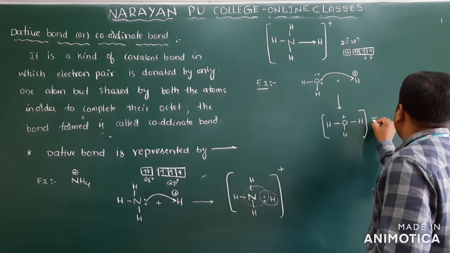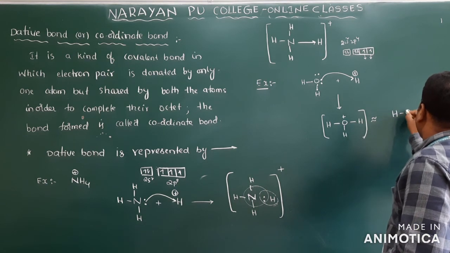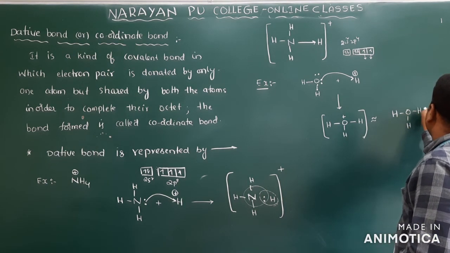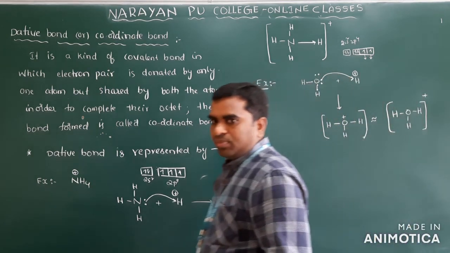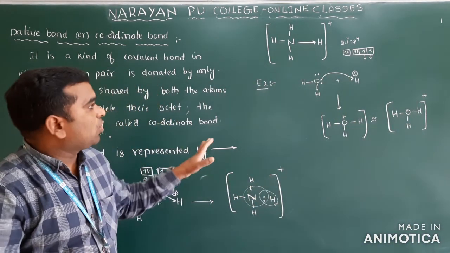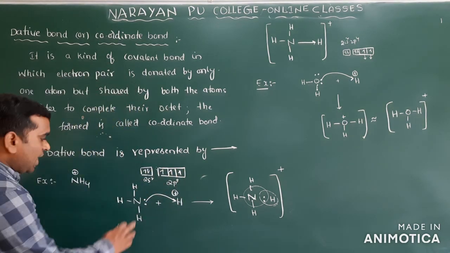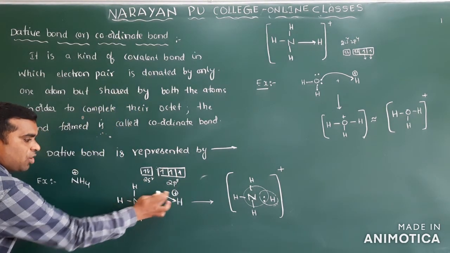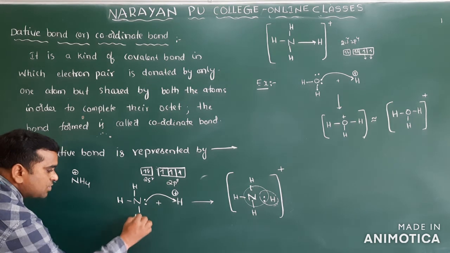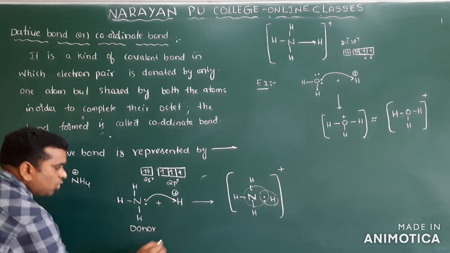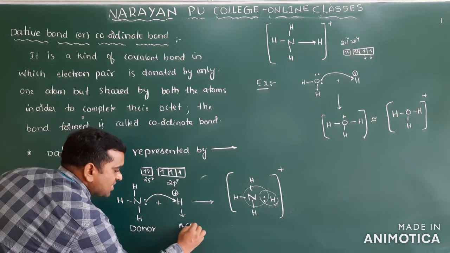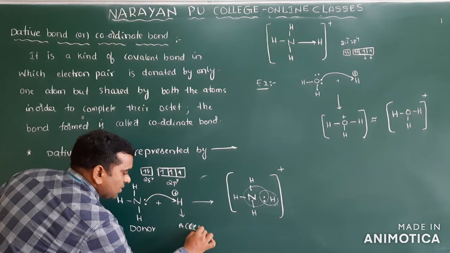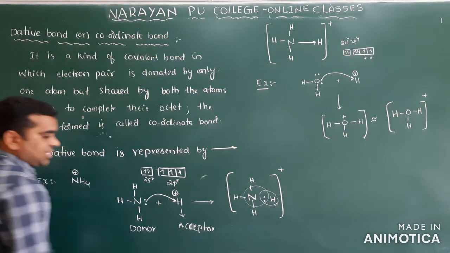Or it can simply be written as H and H and a positive charge on this. Clear? This is what we call a dative bond. Now you see, this molecule is donating a pair of electrons, so we will call it the donor, and this is accepting the pair of electrons, so we will call it the acceptor.